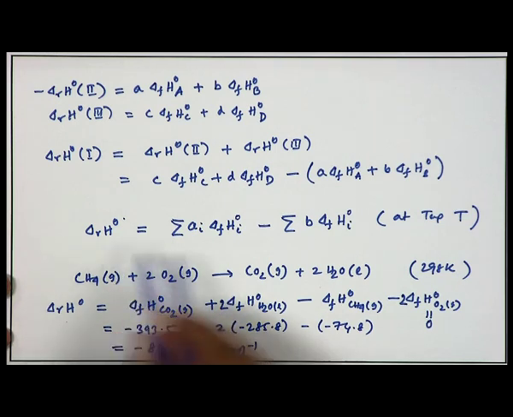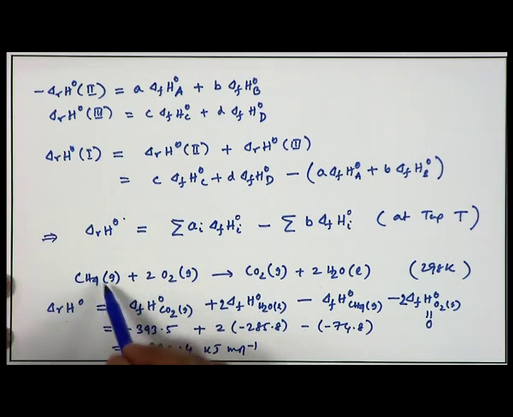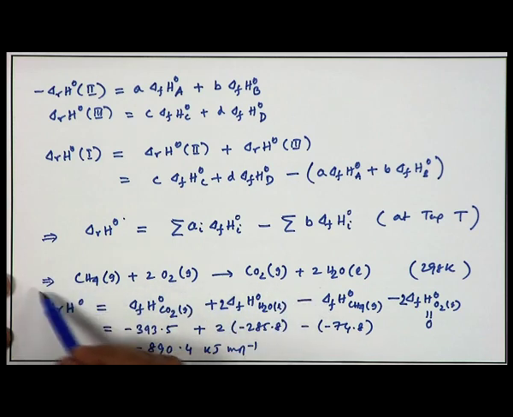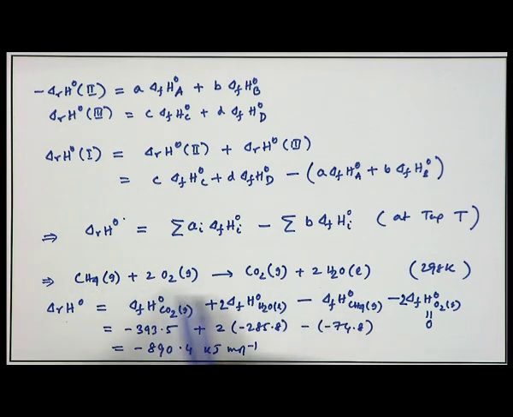So, this means that we can get the enthalpy of reaction, or heat of reaction, for any particular reaction if we know the enthalpy of formation of the reactants and products.